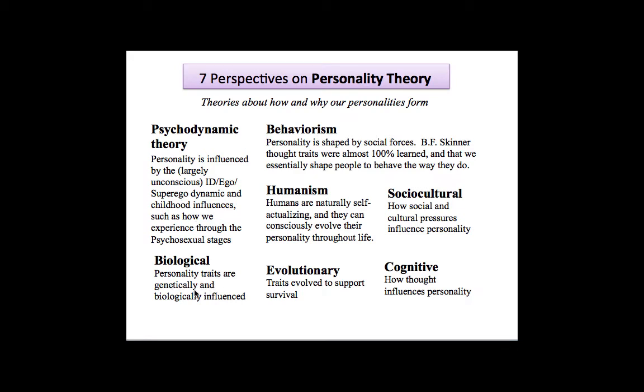Biologically, we look at personality traits as genetically and biologically influenced. So you can think about how hormones influence how a person's personality is being expressed. And there are strong biological influences by hormones. I mean, testosterone influences both sex drive and aggression. It interfaces with other things, so it's not by itself doing that.